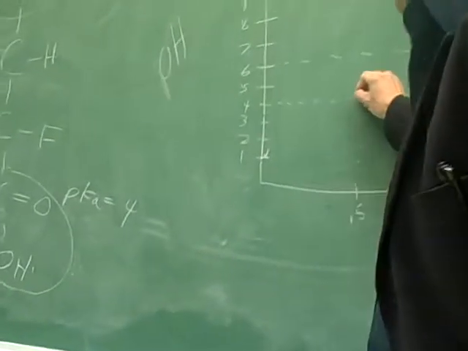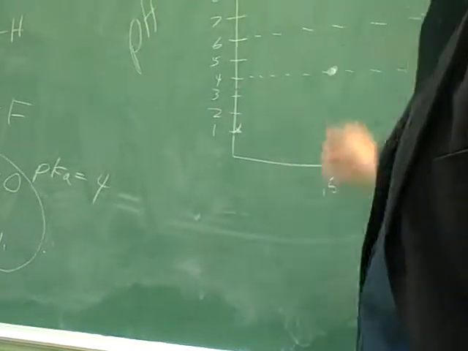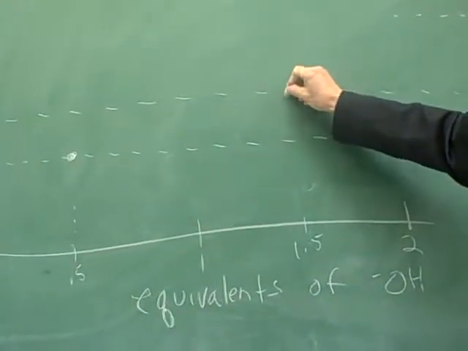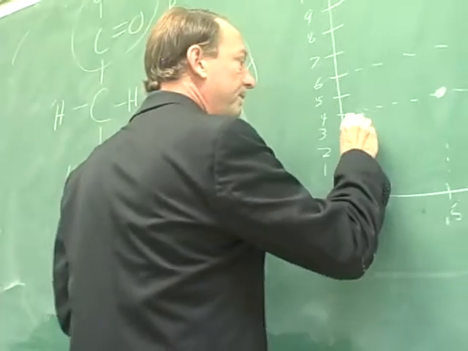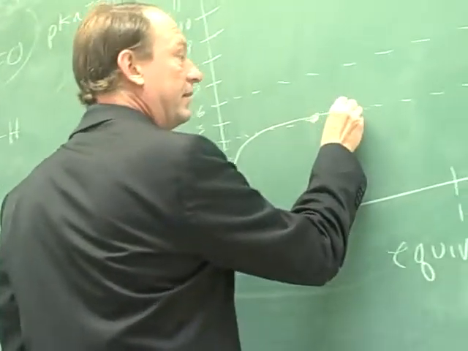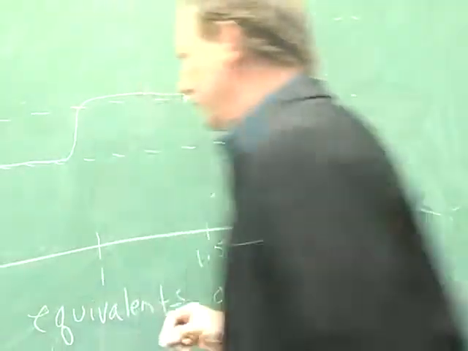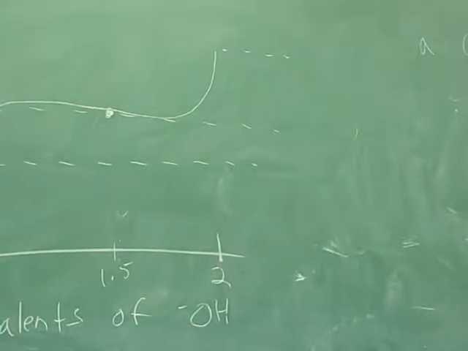At half an equivalent, I put a dot at the first pKa, and at 1.5 equivalents, I put a dot at the next pKa, and then I draw my line. Remember, it goes up at about 1, goes flat like this, and then goes up at about 2. That's my titration curve for that compound.